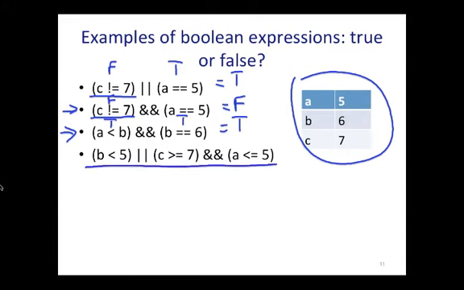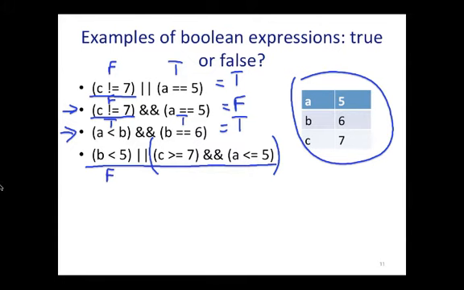Finally, we have this one right here. And in order to evaluate this, it turns out you have to know the precedence order for things. And has higher precedence than the or, so it's actually going to evaluate this way. So looking first, is B less than 5? No, 6 is not less than 5, so that's false.